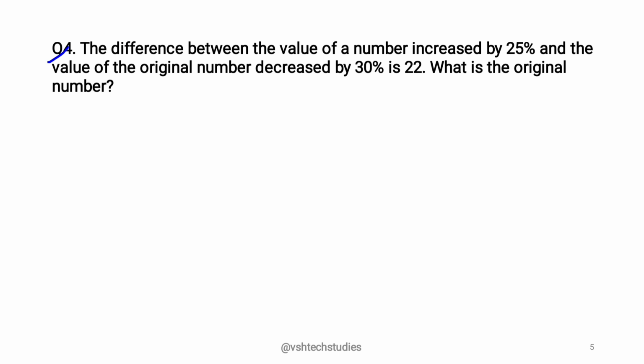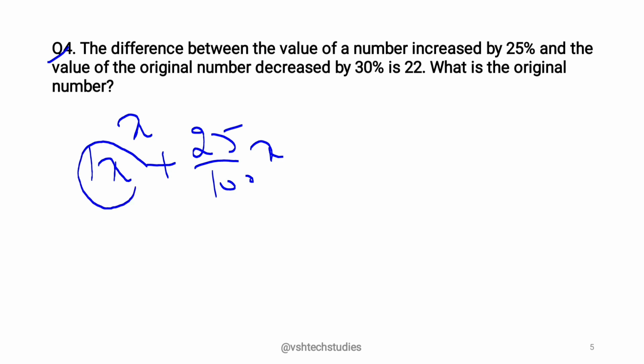So if you take the original number x, if it is increased by 25%, it means 1x is taken, that is 100%. Then it is increased by 25% means 25 upon 100 x. So this is 100% x. This is 25% of x.